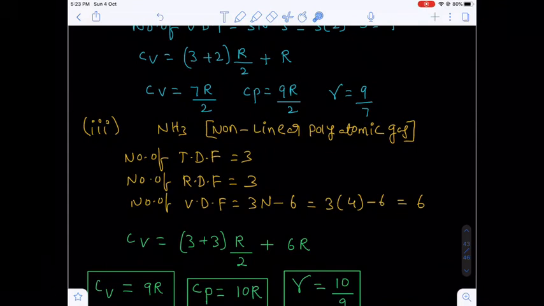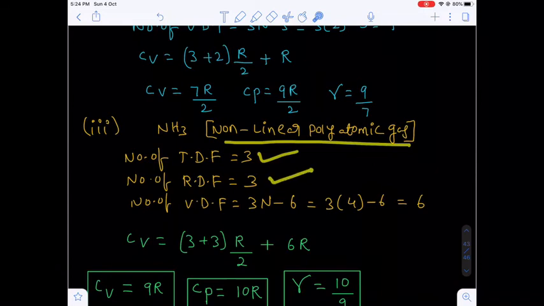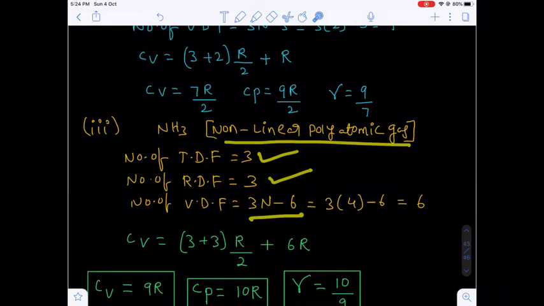Now ammonia. Ammonia is a non-linear polyatomic. The number of translational degrees of freedom is 3, the number of rotational degrees of freedom is 3, because it is non-linear. If it is linear, we take 2. If it is non-linear, we take 3. Now the remaining will be 3n minus 6, where n is the atomicity.